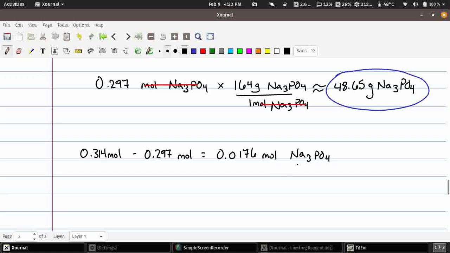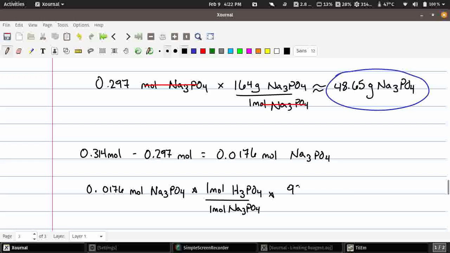Now we have to convert this back to H3PO4 to get grams of H3PO4. So 0.0176 mole Na3PO4 times 1 mole H3PO4 over 1 mole Na3PO4 times 98 grams H3PO4 divided by 1 mole H3PO4.